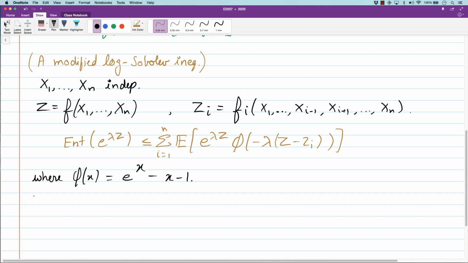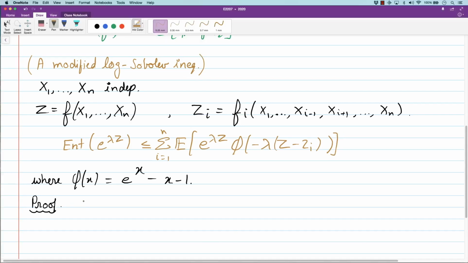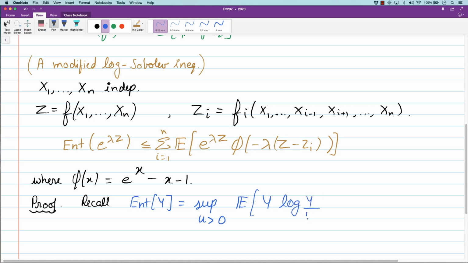Okay, so let's prove this inequality, for lambda greater than 0. The proof relies on the variational formula for entropy that we saw in the previous class. Recall that the entropy of a non-negative random variable y can be expressed as the sup over u greater than 0 of the expected value of y log(y/u) minus (y minus u).